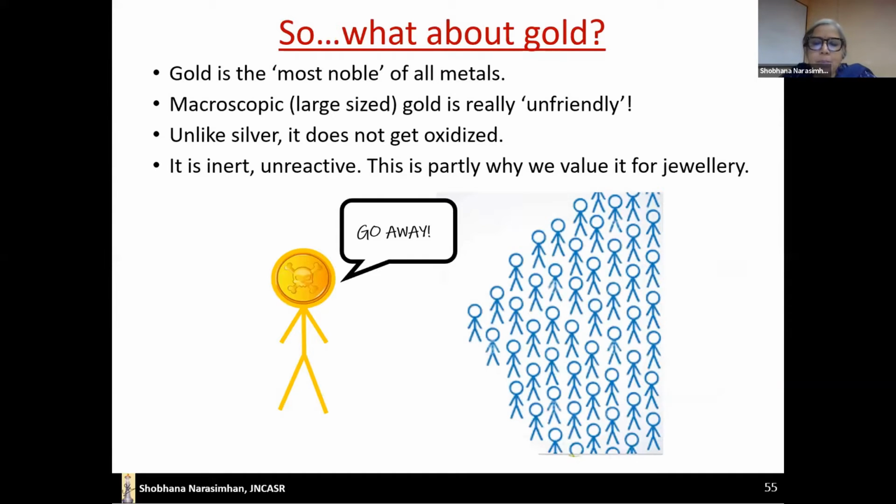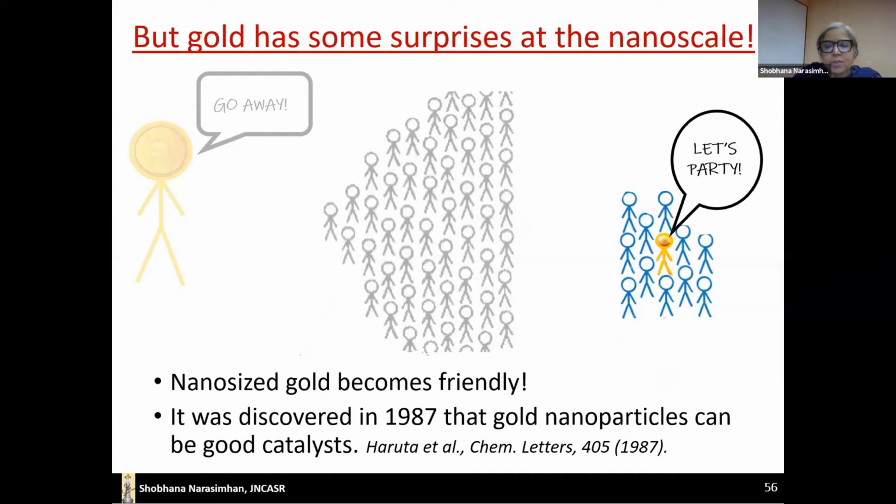Okay, so now what about gold? I want to talk a bit about gold. We value it a lot, partly for jewelry and all, because it's not reactive. It does not get oxidized, for example, unlike silver. But there is this surprise, which is that nano-sized gold becomes friendly in the sense that it becomes reactive. It was discovered in 1987 that gold nanoparticles can be good catalysts.